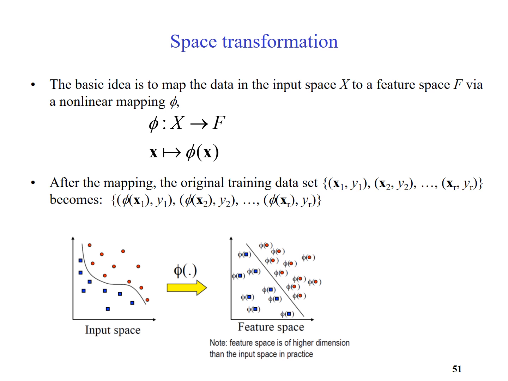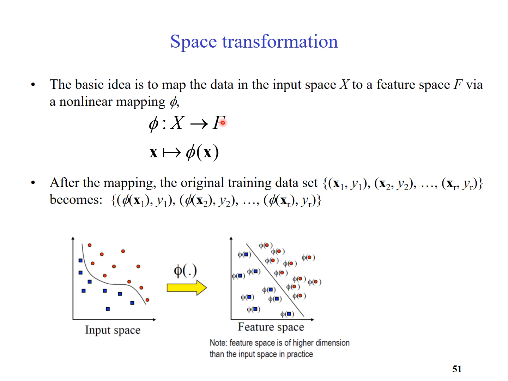I said nonlinear SVM expands the input dimension into a higher dimension. That means we have a mapping from input space X to feature space F. Let's say X is the input space, the input dimension, and F is the expanded dimension, the feature space.